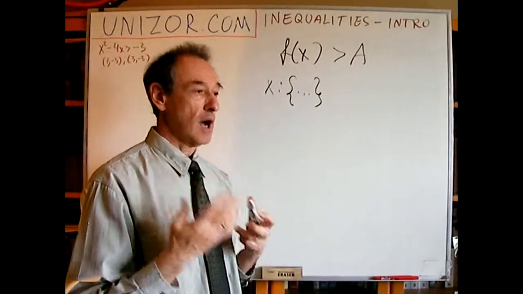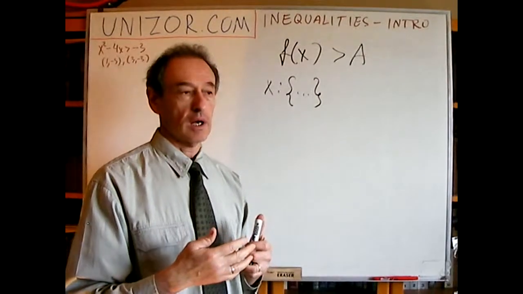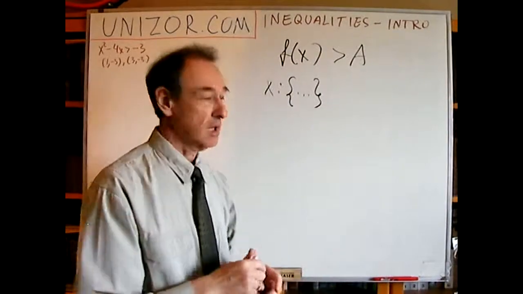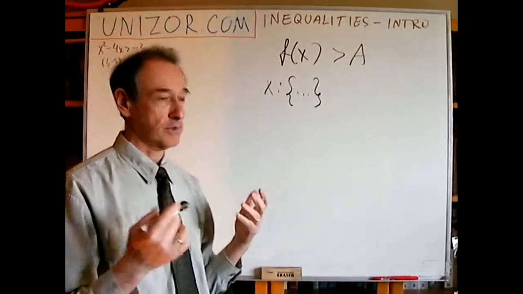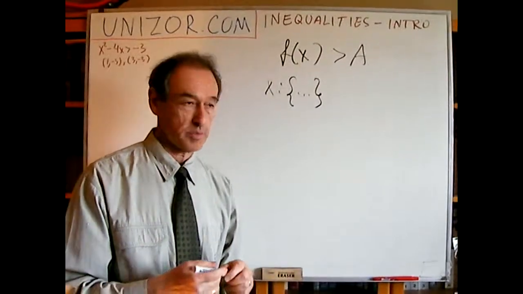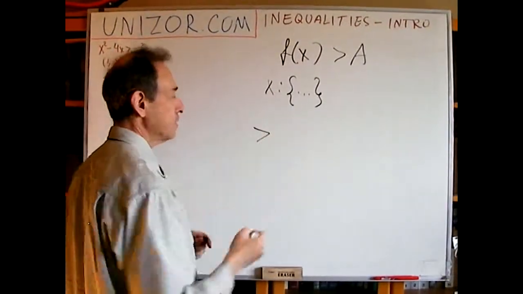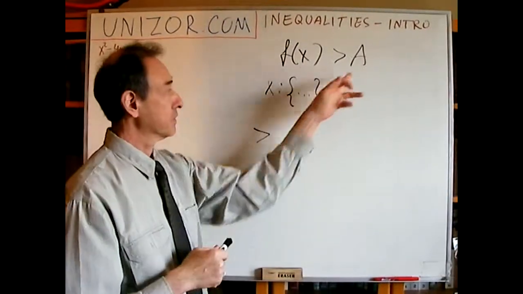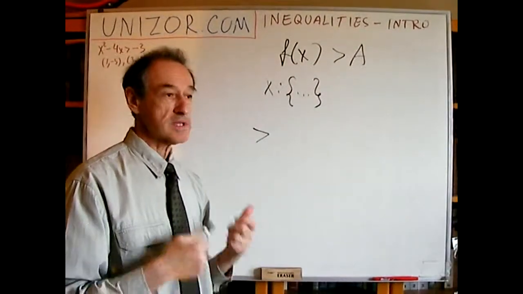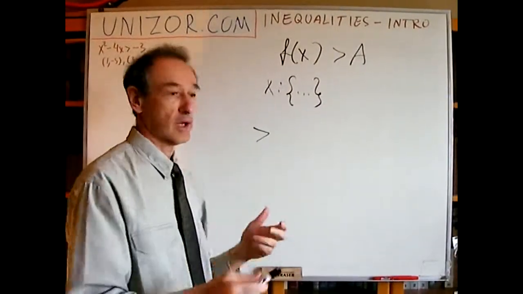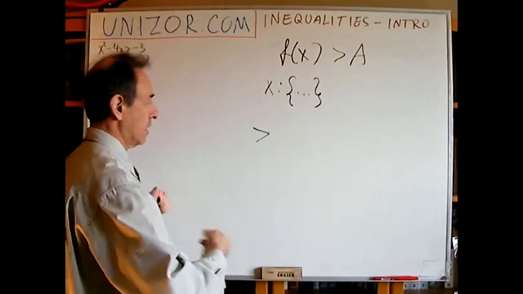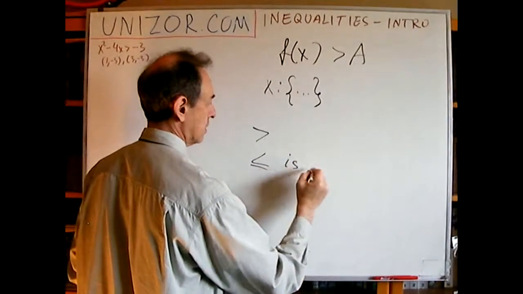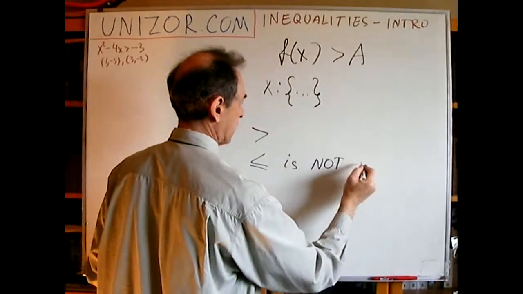Now, obviously the relationships between greater than and less than, etc., are obvious. First of all, we all know what the equal relationship is, right? So if we know the relationship called greater than between two elements of the codomain, we can always establish all other relations. Like what, for instance? Less or equal is not greater.